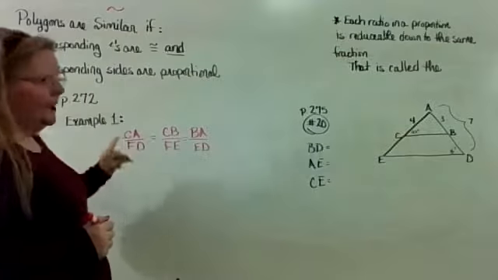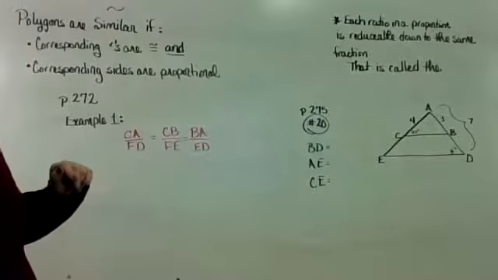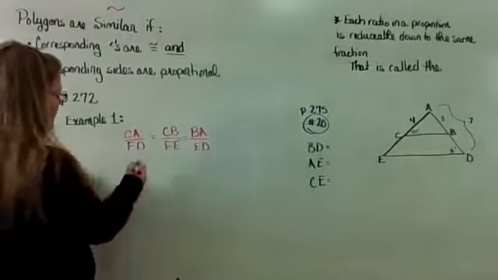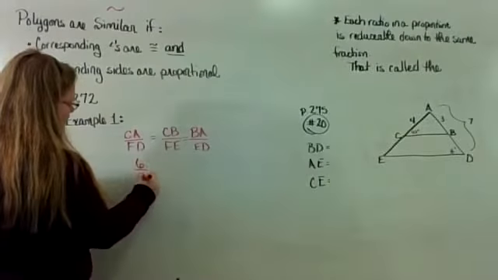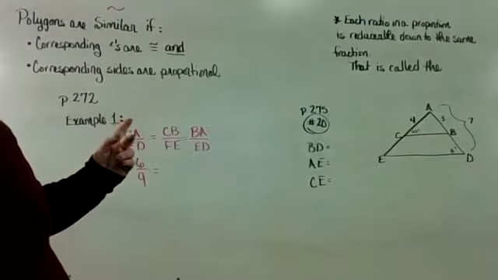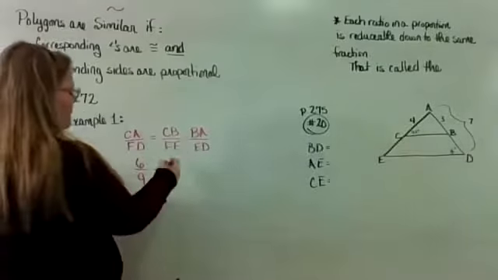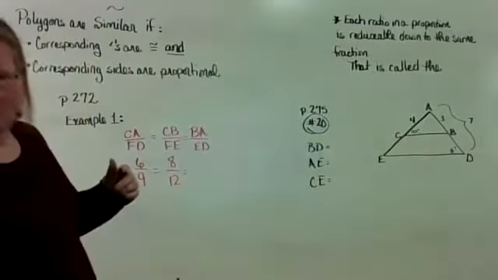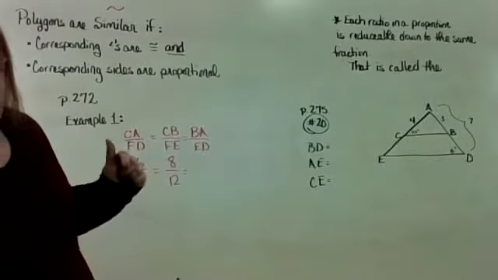So for CA and FD, we get 6 over 9. And that has to equal CB over FE, which is 8 over 12. And that has to equal 10 over 15.